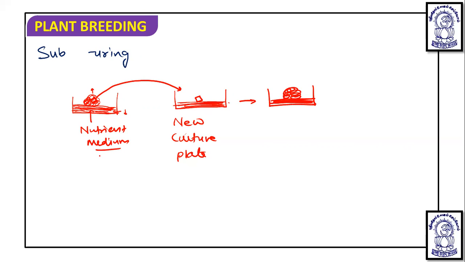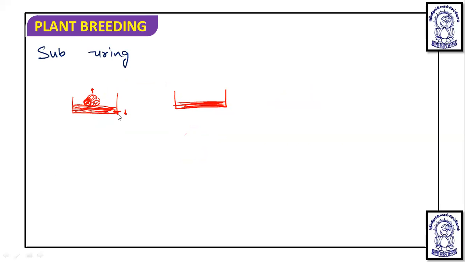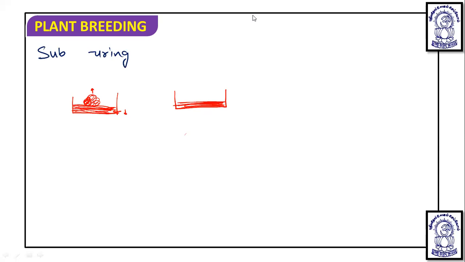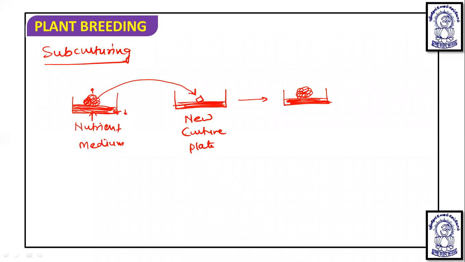So this way, with the passage of time, to prevent the damage of newly formed cells in subculturing, we take a piece of the plant part in which the nutrient medium is over and put it in a new culture plate having the same nutrient medium and allow it to grow.